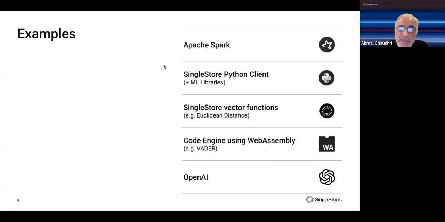Python client, okay, so machine learning libraries, scikit-learn, for example, is a good one. In the event that you want to work with the vector function, Euclidean distance and dot products are built in. Cosine similarity, you can very easily code. In fact, it's documented in the product documentation how you could just write some SQL code to achieve that.